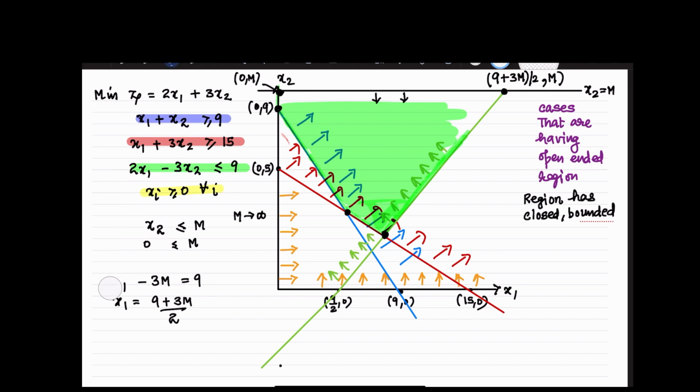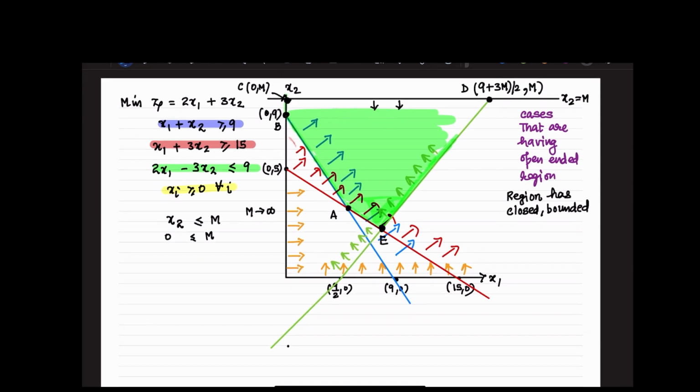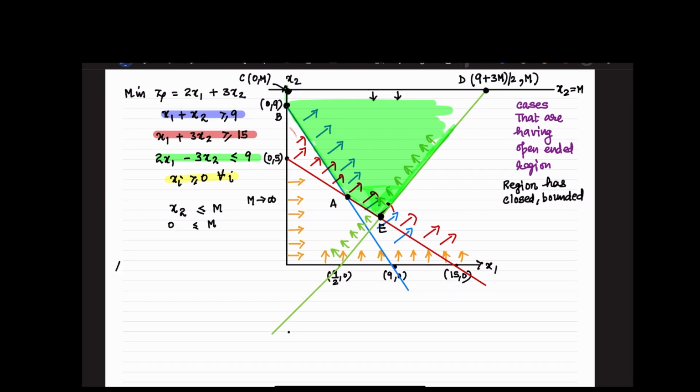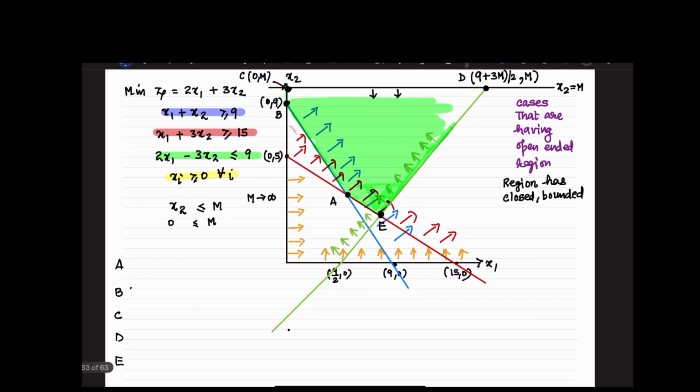So now you can list the corners. So how many corners do we have? Say this is the corner, say A, say this is B, say this is C, this is D, and this corner is say E. So we have corners A, B, C, D, and E. The simplest corner is in fact B. B का coordinate is 0, 9.